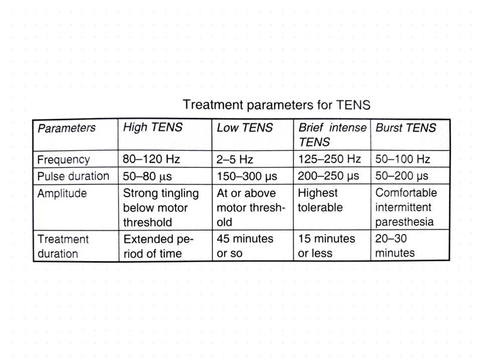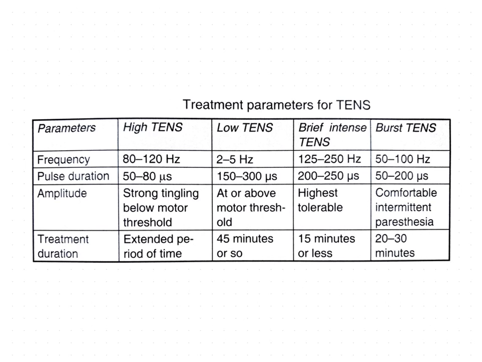Then the patient is not comfortable with such kind of TENS. So we have to choose according to the patient's tolerance also. But these are the common treatment parameters for TENS.